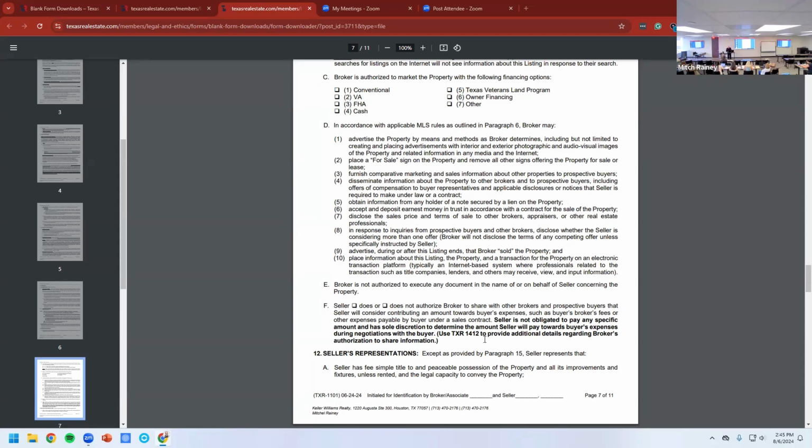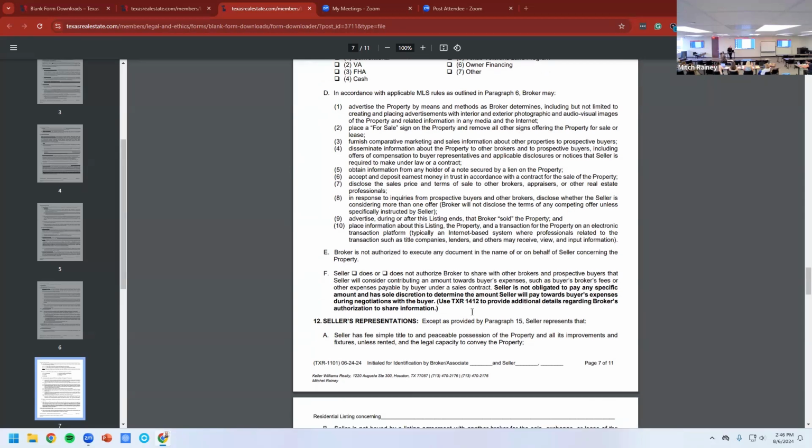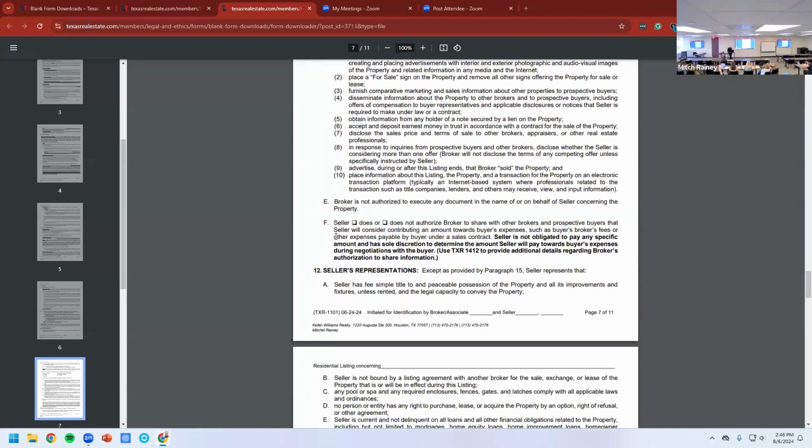Mitch, if I circle F, they do want to share broker's compensation. Isn't that just a repeat of what we put in paragraph 5? No, this could be for other expenses also. Like for repairs? Well, no, it'd be buyer's closing expenses.